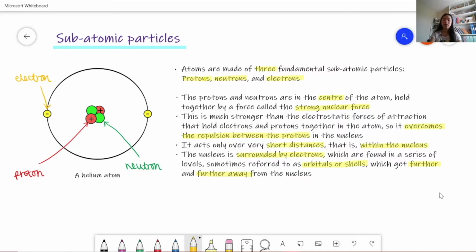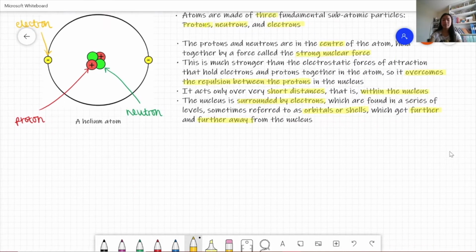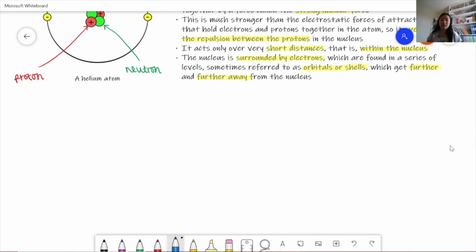Now we also need to look at all the relative charges and masses. So we need to know their relative charges and also their relative masses. Here we have the subatomic particle.